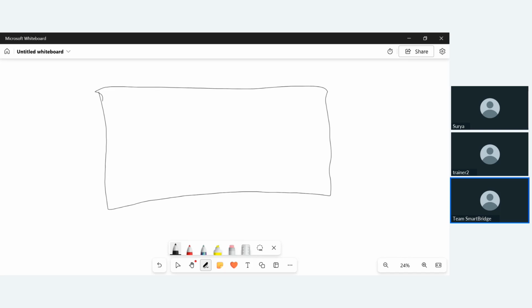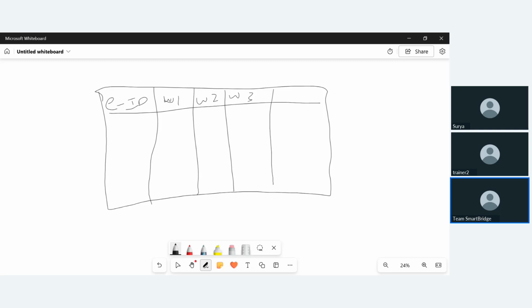Let's take a sample data set. This is the email ID. This is word one, this is word two, this is word three. These are the starting words. What are the most crucial words that we're seeing in this model? This is the class.